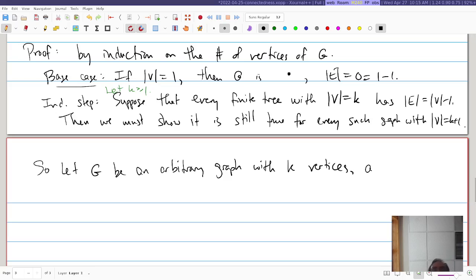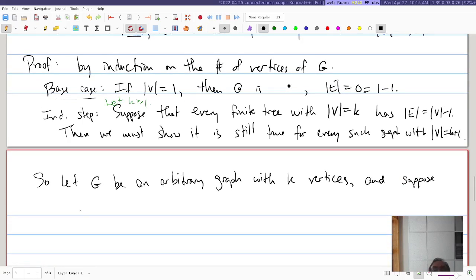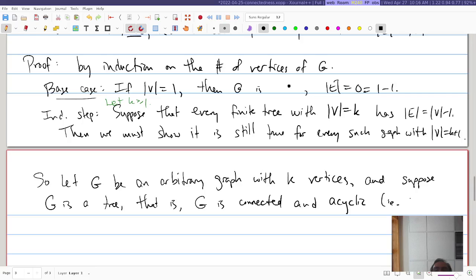Okay, and suppose, right, because the thing I'm trying to prove says if the graph is a tree, then so I'm going to suppose G is a tree. That is, G is connected, and to introduce a fancy math word, acyclic, that means, i.e., has no cycles.